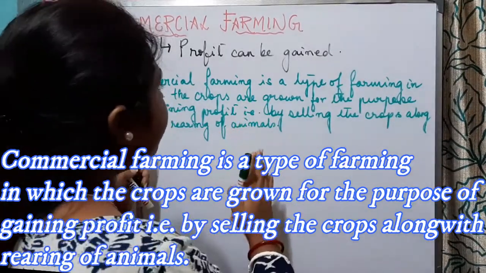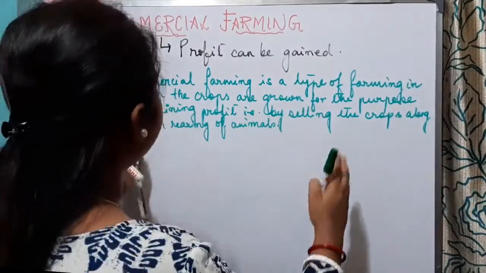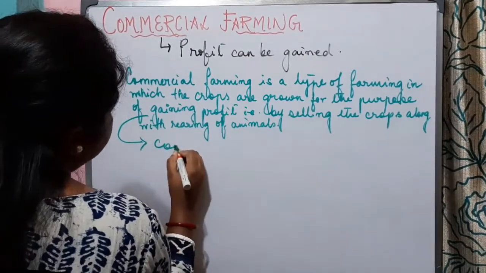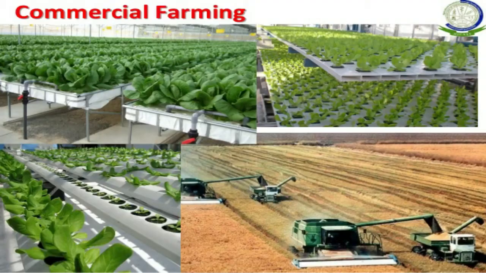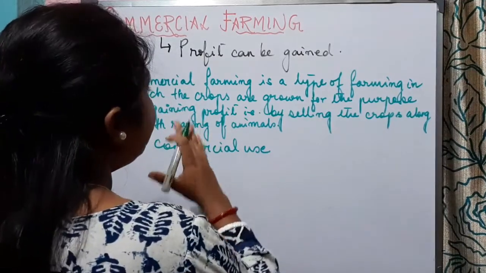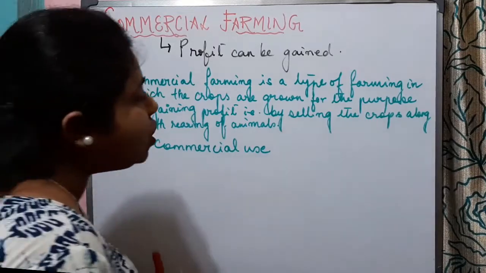So what is commercial farming? Commercial farming is a type of farming in which the crops are grown for the purpose of gaining profit. That means mainly for commercial use. How? By selling the crops, and along with the cultivation of crops, here we will see that the rearing of animals is also practiced. So this is referred to as commercial farming.